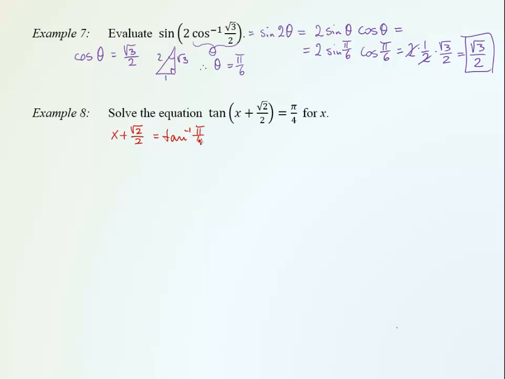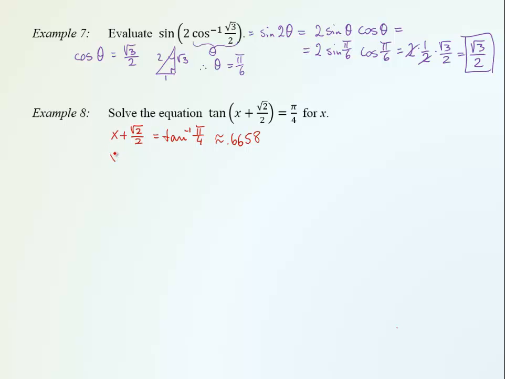So arctangent of pi quarter is some angle that can be approximated from calculator. The approximation is about 0.6658, but we're not going to use this approximation. This is just for our curiosity.